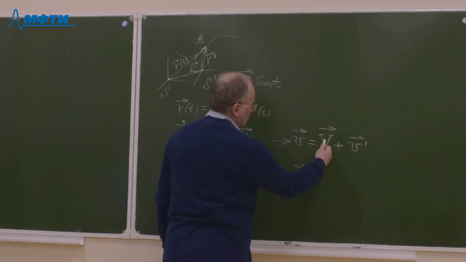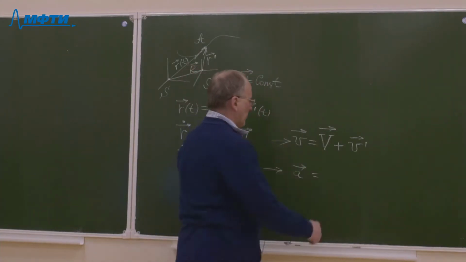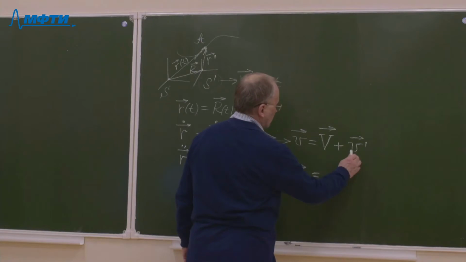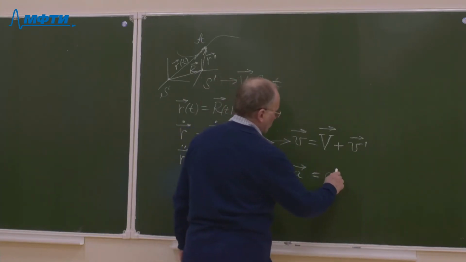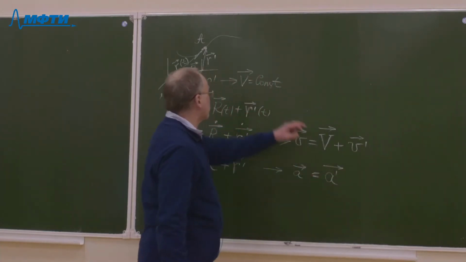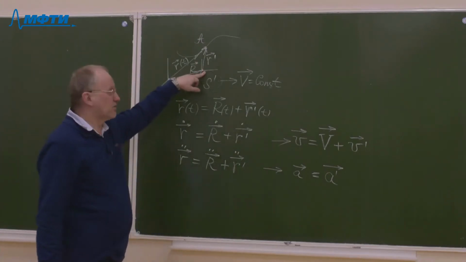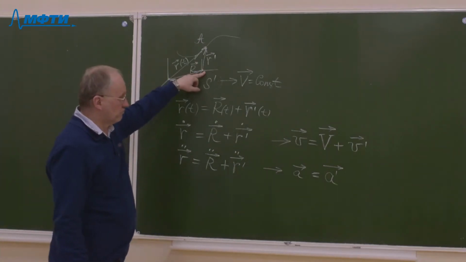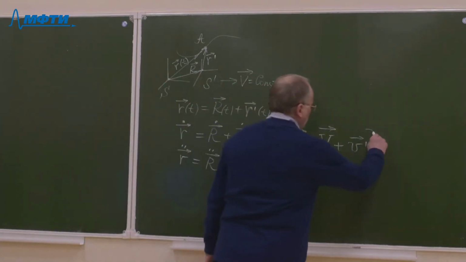So that will be 0 when I differentiate capital V, and the differentiation of V prime will give us the acceleration A prime. That is the acceleration of point A with respect to the reference system S prime.